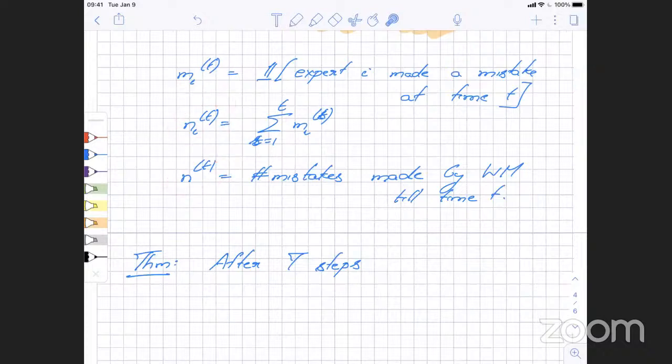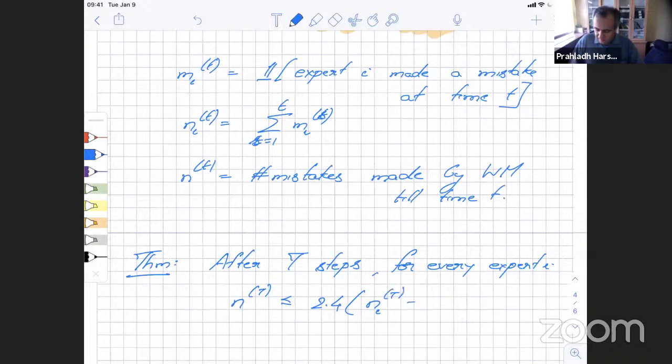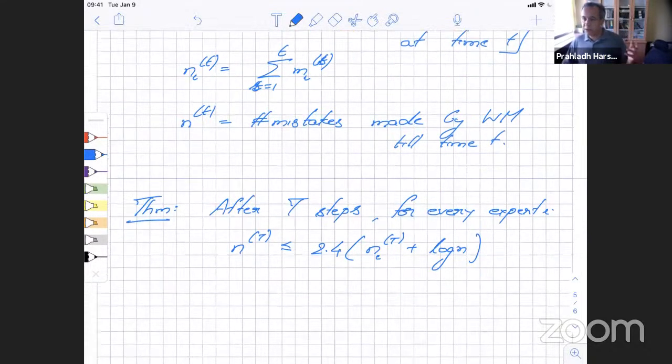And what we will show is that after t steps, for every expert i, n^t is no more than 2.4 times the number of errors made by any expert, and another additive factor of 2.4 log n.